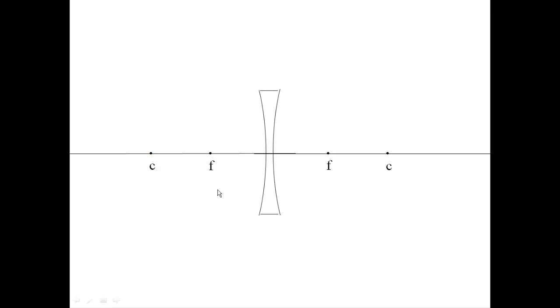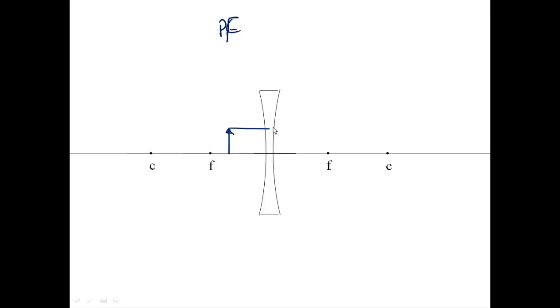Lastly, what happens if we have a concave lens? Now, it doesn't matter where you draw your object, because you'll get the same results every single time. Same rules apply. All right. PF is the first ray, so we go P. However, careful, this is what type of lens?